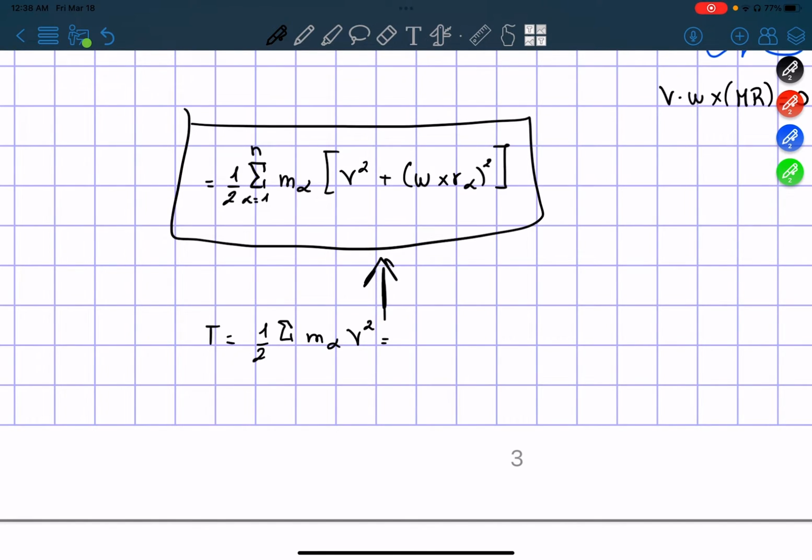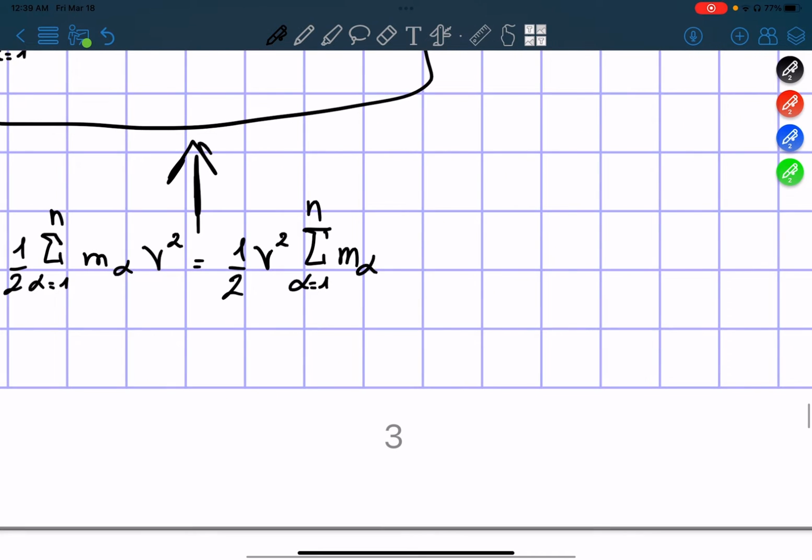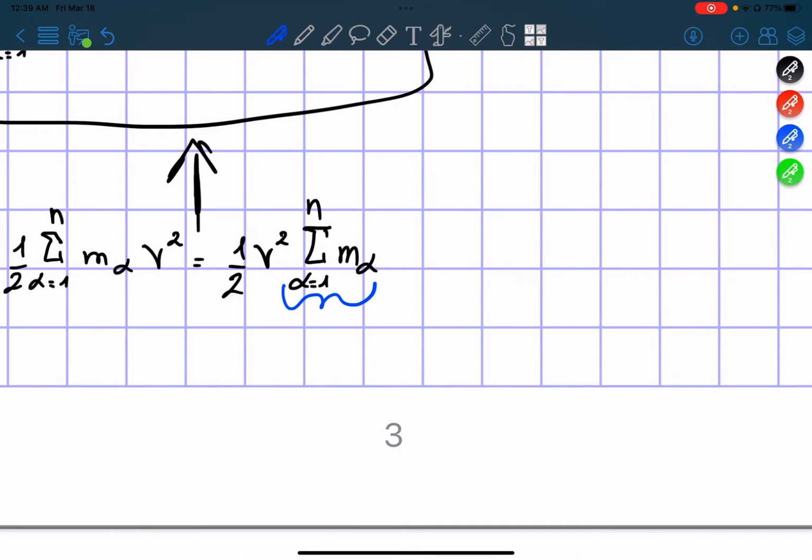Or we can take out 1/2 and v squared because it's not based on alpha, and then the sum of m alpha from 1 to n. But this part over here is simply equal to capital M, right? Because it's the total mass, so 1/2 capital M v squared.